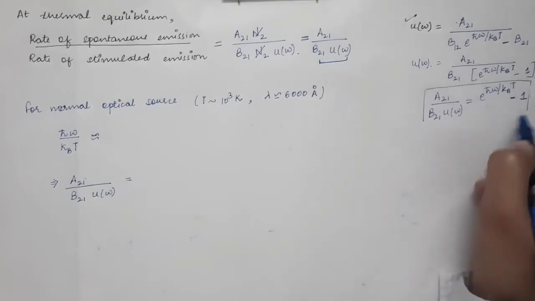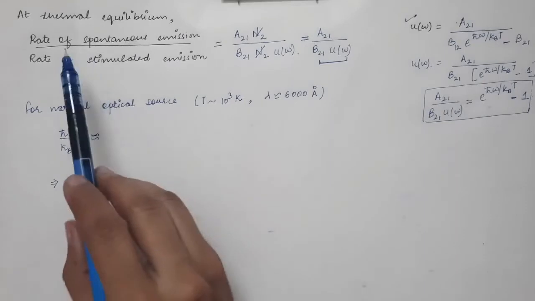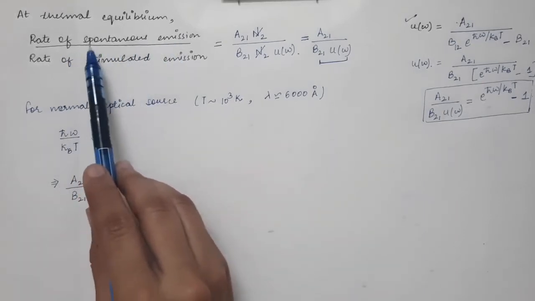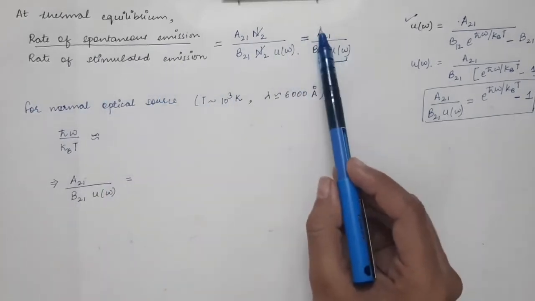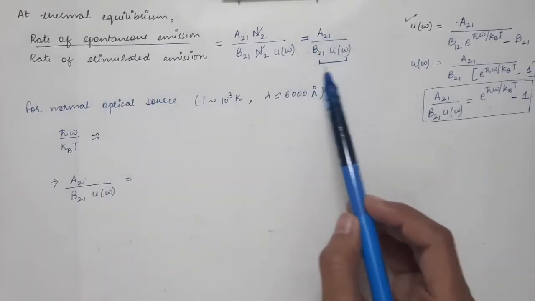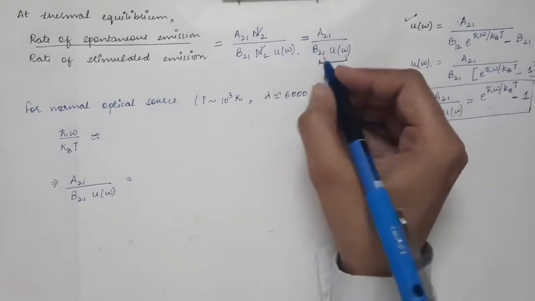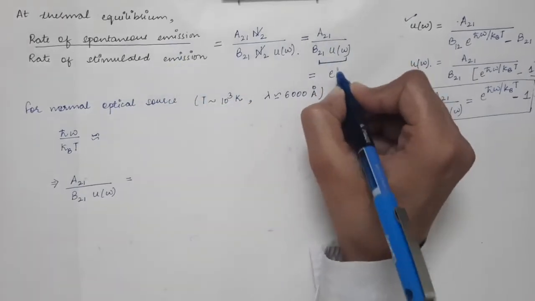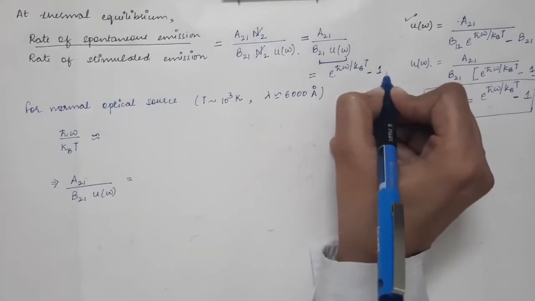So this is the ratio at thermal equilibrium. The rate of spontaneous emission divided by the rate of stimulated emission is equal to this factor, and at thermal equilibrium this ratio is equal to e power h cut omega by kBT minus 1.